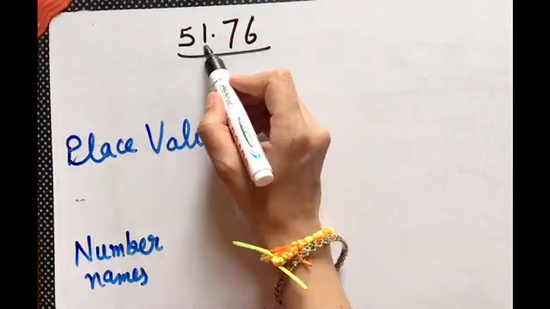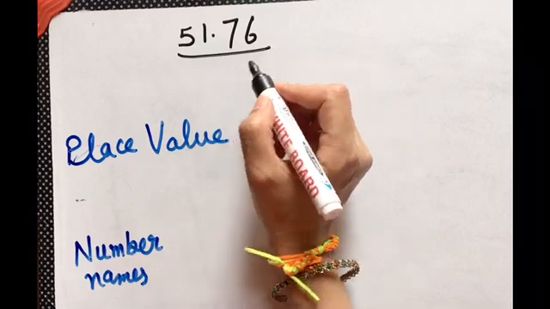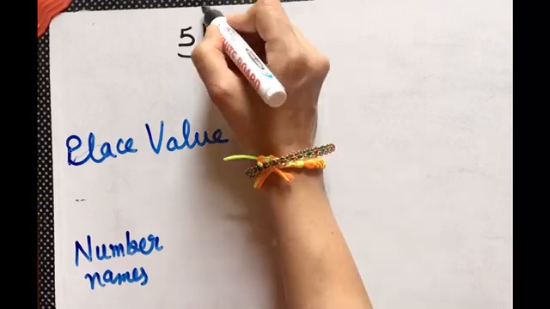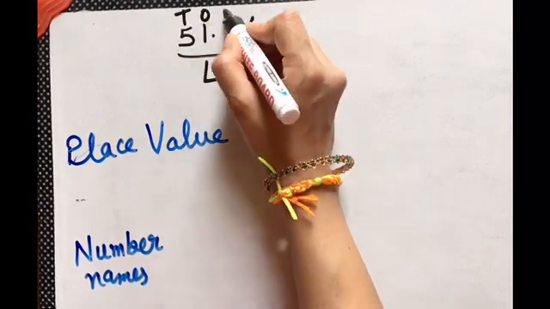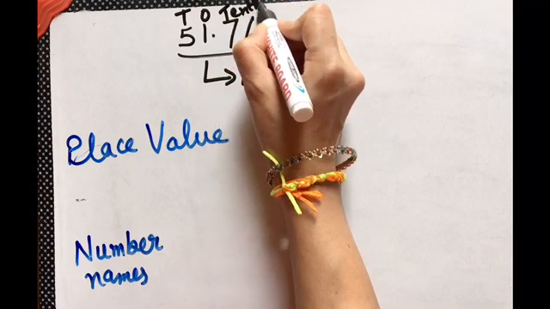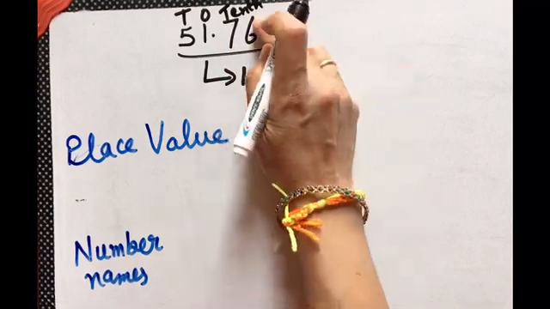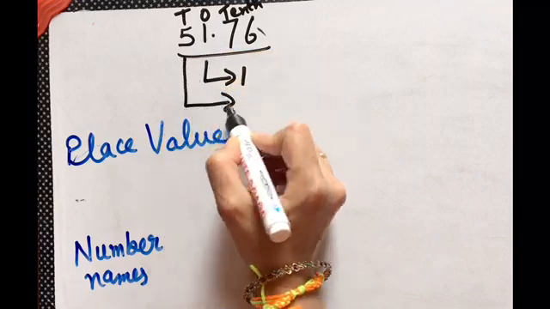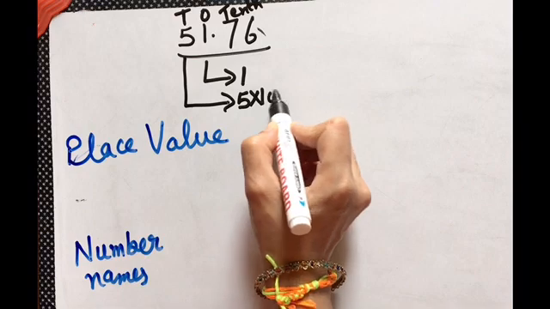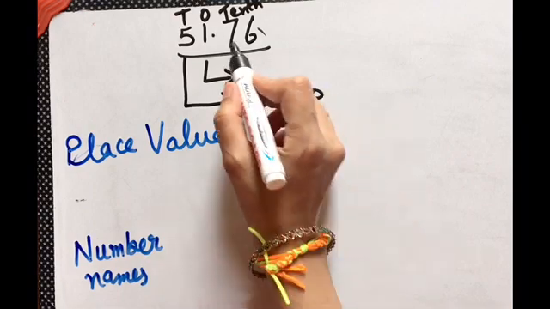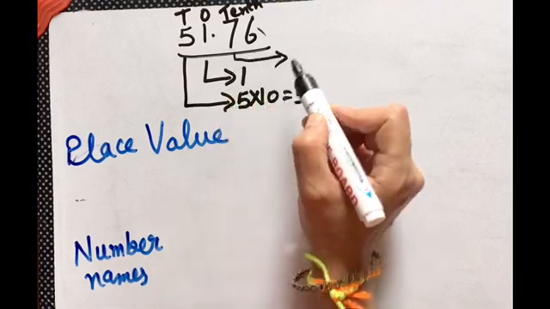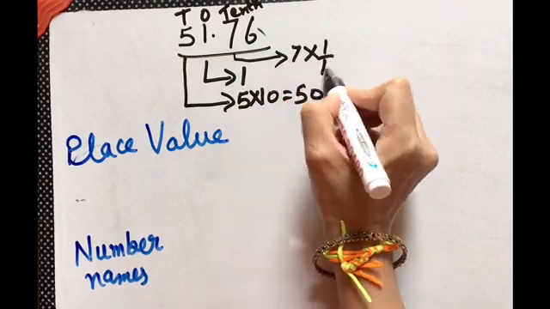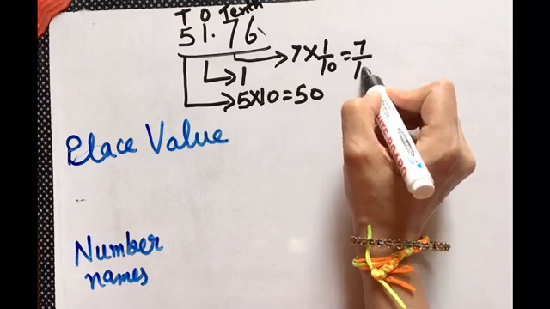Now we will write the place values of all the digits of this number. 1 is at the ones place, so its place value is 1. The place value of 5 is 5 multiplied by 10, which is equal to 50. The place value of 7, it's at the tenth place, so 7 multiplied by 1 by 10 equals 7 by 10.